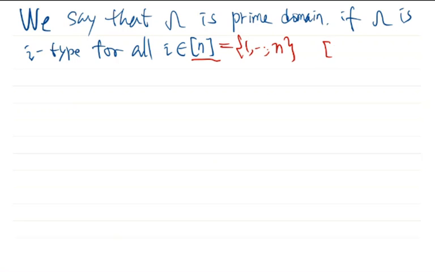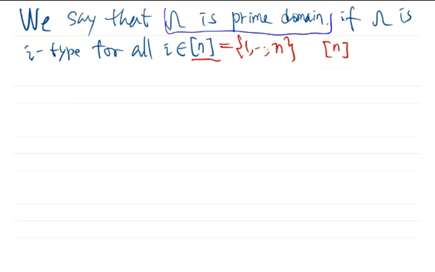I use this notation to denote all the positive integers not greater than n. So if omega is of I type for all I not greater than n, such omega is called a prime domain. So we want to consider prime domains.